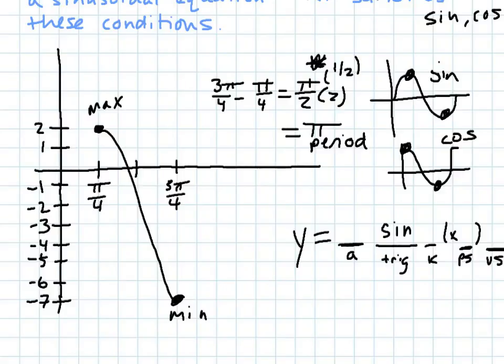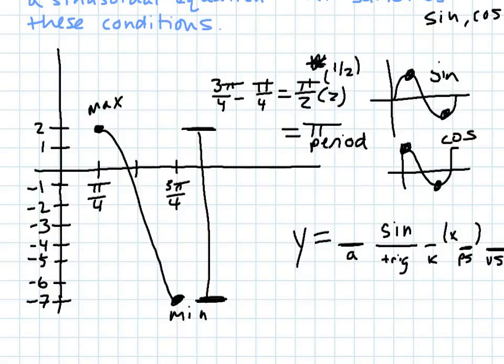So we need to figure our amplitude. So the top all the way to the bottom, going from 2 to negative 7, that gives me a distance of 9. So halfway between that is 4.5. Oh, that won't give me what I want.